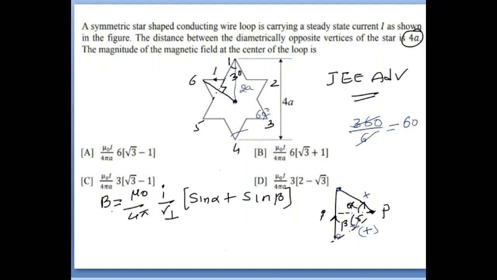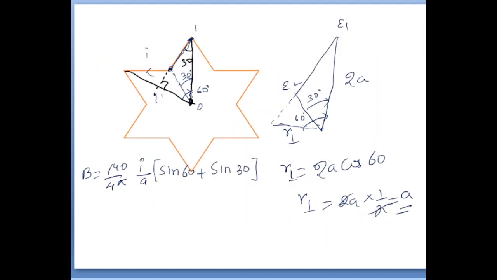If you see here that sine 60 is positive, sine 30 is also in the same direction. So we will take sine 30 as negative, because the direction is reverse. Okay, hope you understood this one. So I will take the minus symbol here.